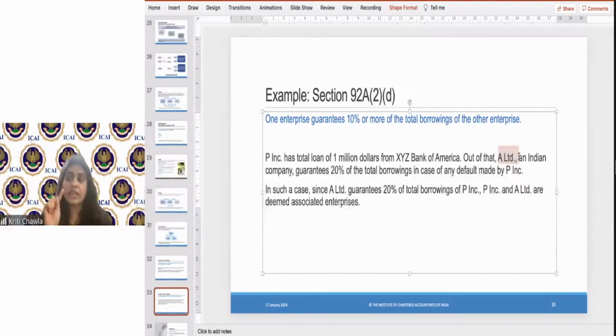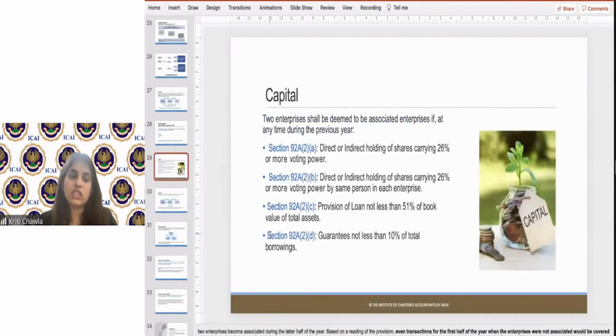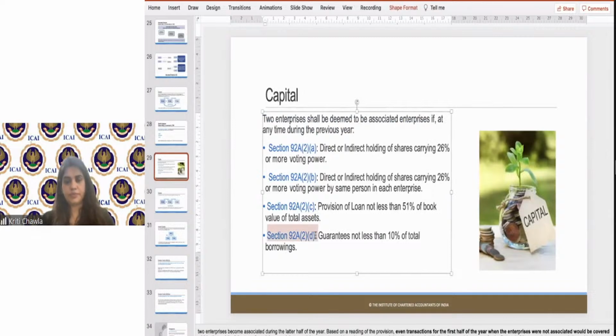Well, that is because A Limited has given a guarantee of more than 10% of the loan, which is 20%, and hence P Inc. and A Limited will become related to each other by virtue of section 92A2D.